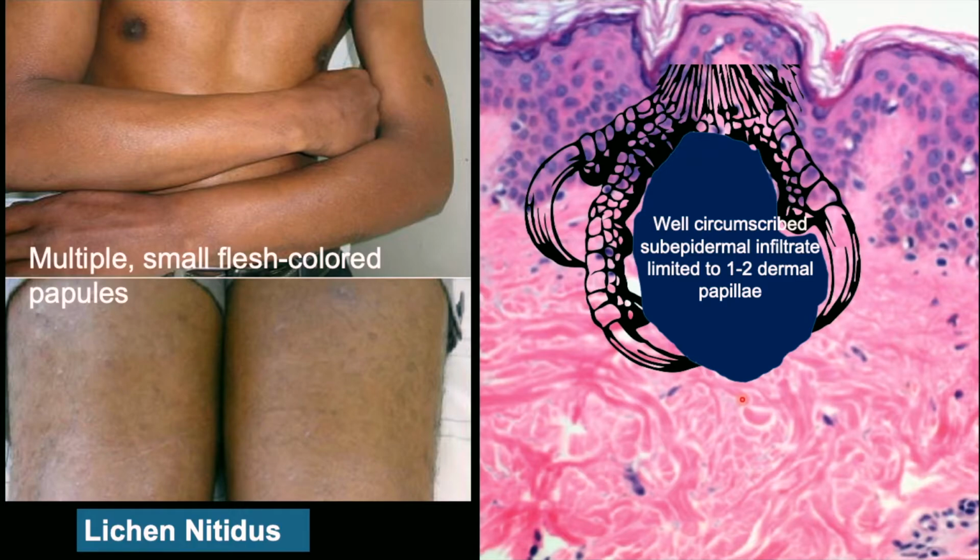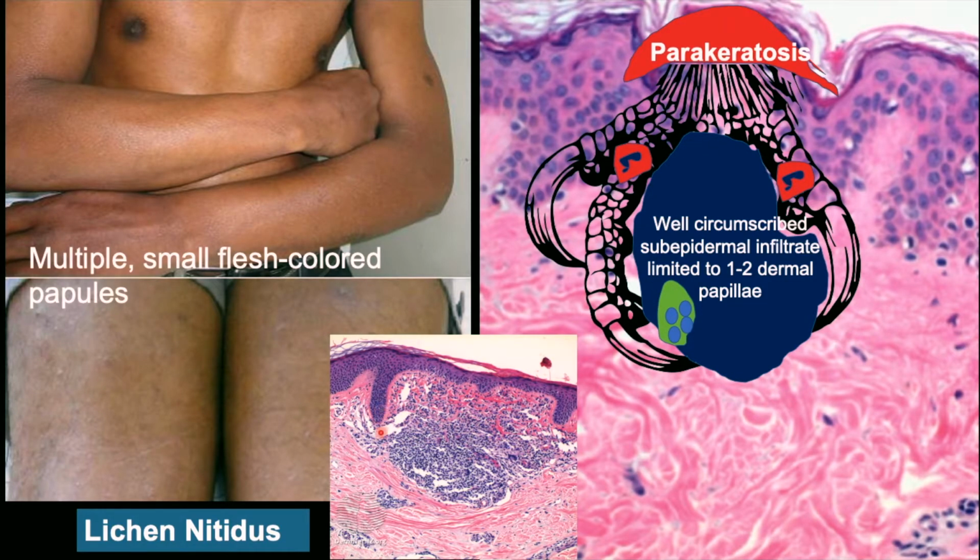Usually they say it is limited to one or two dermal papillae, but sometimes more. Another thing we see in lichen nitidus is parakeratosis, and these dyskeratotic cells are at the base. Sometimes we see giant cells in the inflammation area, and this is just an example where you see the rete ridges forming a claw around the well circumscribed subepidermal inflammation.